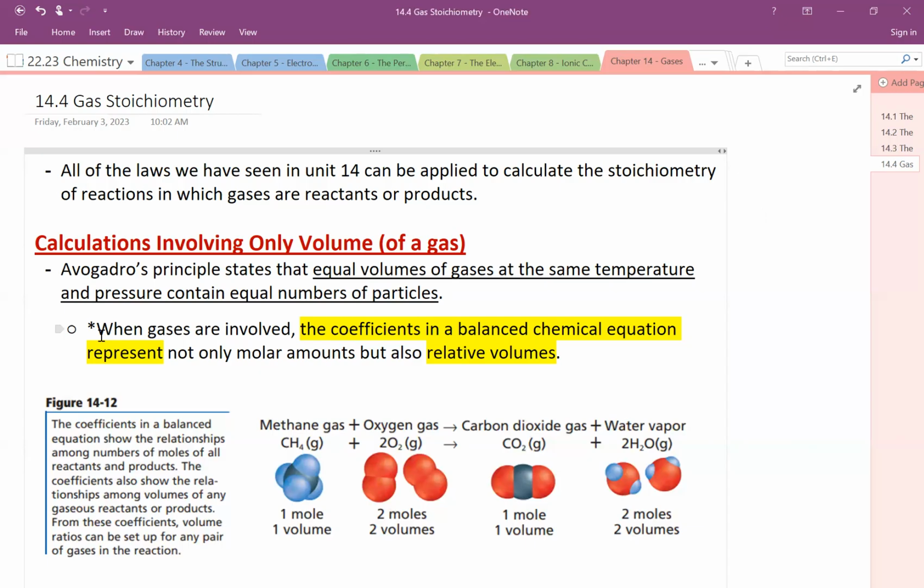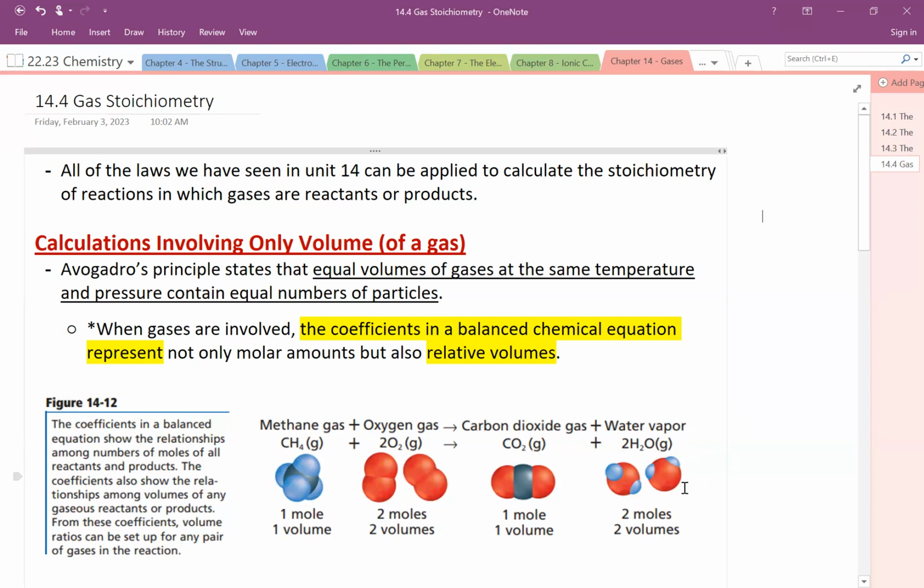We can, in fact, draw useful conclusions just knowing that if I have a balanced chemical equation for the combustion of methane gas, if I know that 1 mole or 1 molecule of methane reacts with 2 molecules or 2 moles of oxygen, and it forms 1 mole of CO2, carbon dioxide, and 2 moles of water, respectively, I know that to be my chemical equation in terms of moles.